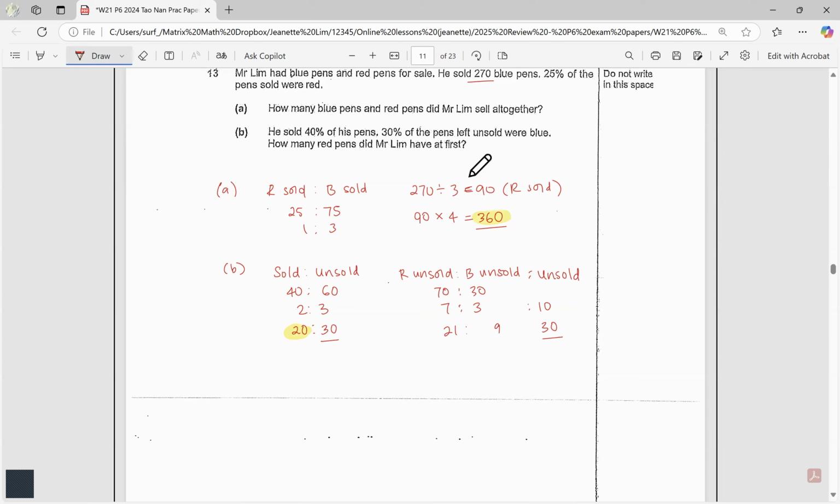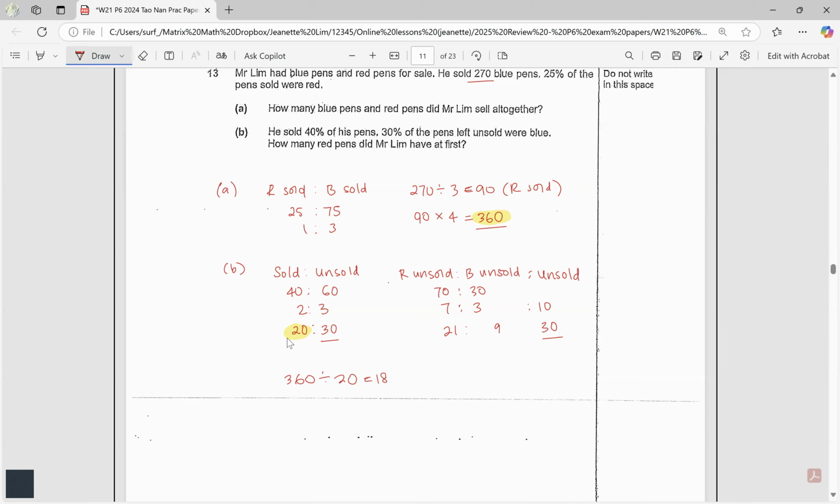So don't use the 1 unit in the first part, in part A. Just use 360, trying to link it to your new ratio. 360 is the total sold, so 360 is 20 units. So 360 divided by 20 is 18.